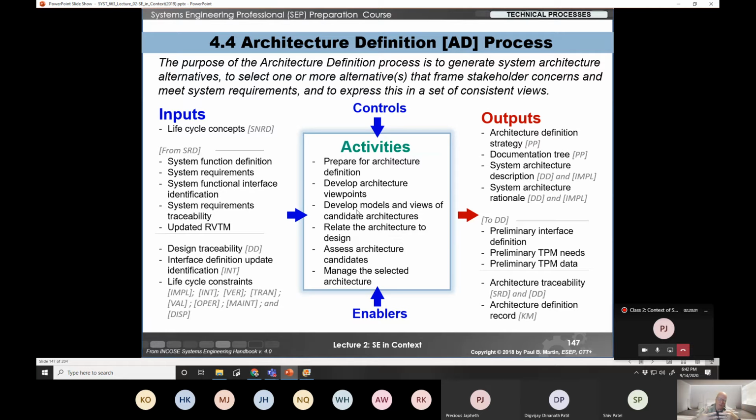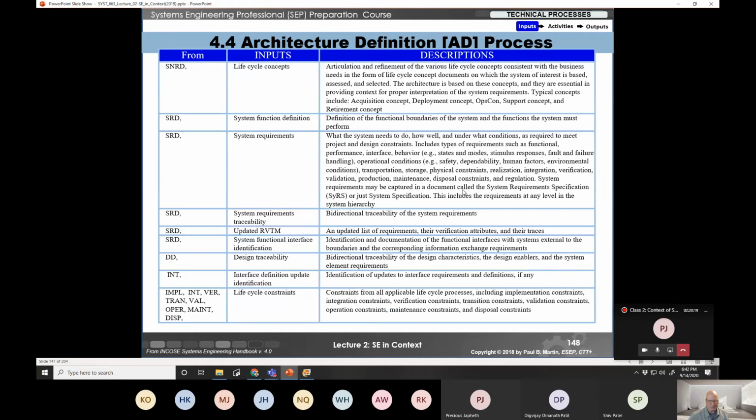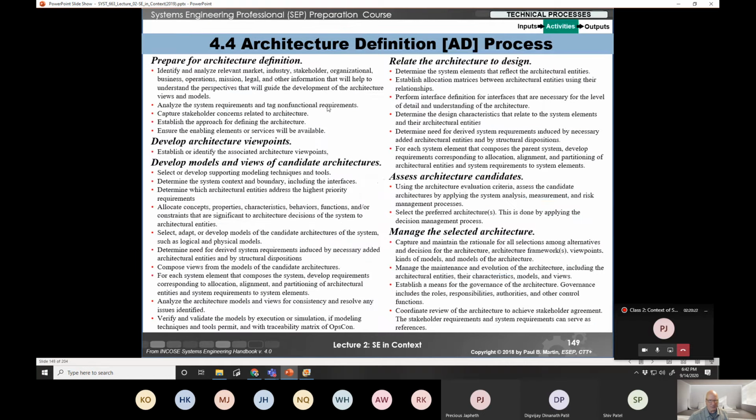Then you relate those architectures to the design that you have previously, and you actually assess which architecture is the best. So once you say, here's the architecture I want to go with, you manage that. So your main output here is your architecture description. So these are your inputs. You prepare, develop, and then you do this trade analysis of the various candidate architectures in relationship to the design.